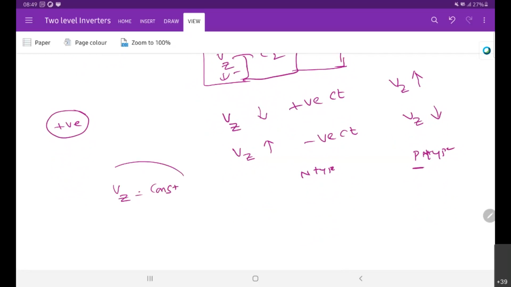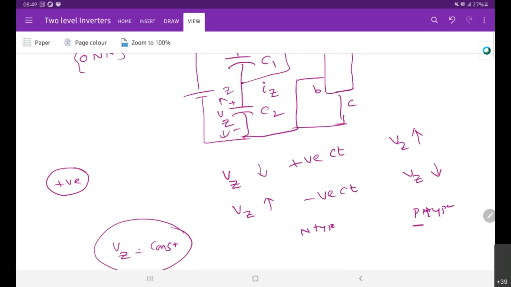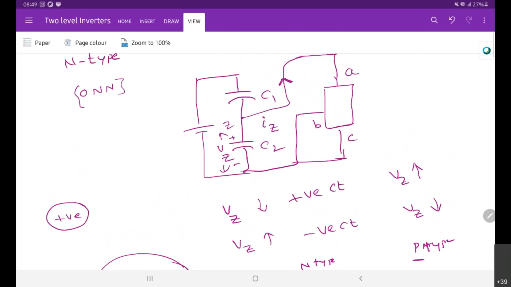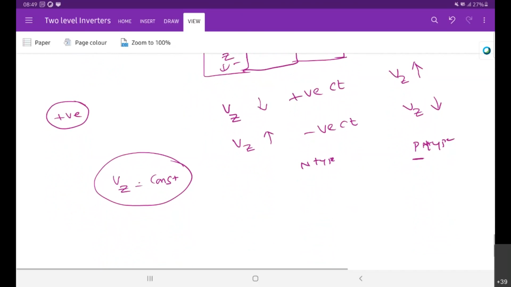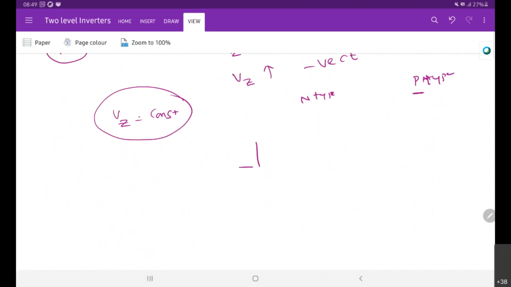When it is constant, both these capacitors are equally charged, so there is no DC offset in the output voltage. Clear? So we can effectively use these small vectors. For example, a simple example I'll give you.